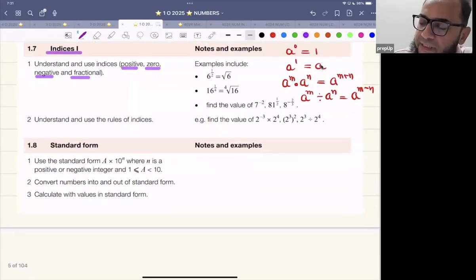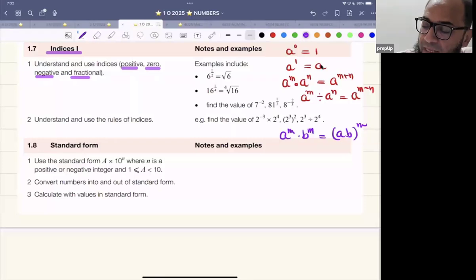And then something like a to the power m, b to the power m. Now the powers are the same, the bases could be the same or different, it doesn't make a difference. That is ab raised to power of m. A to the power m divided by b to the power m is a over b raised to power of m. A raised to power of negative m is 1 over a raised to power of m.